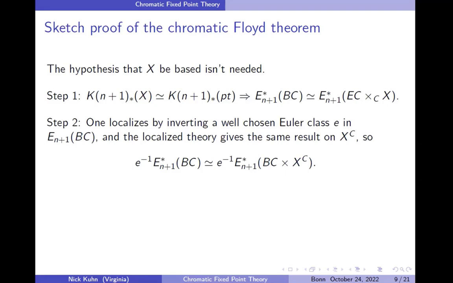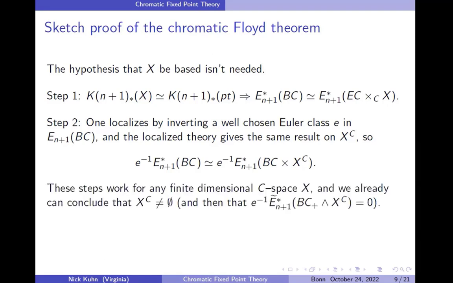There's an obvious Euler class associated to the obvious line bundle of the cyclic group that becomes trivial when restricted to any subgroup. This is classic stuff. So you get localization. You have the map from EC cross C X to BC cross X^C, and that will become an isomorphism after you localize certain classes. So we get something like this. Let's assume the left-hand side is non-zero, because it would have been bad if we had killed everything off.